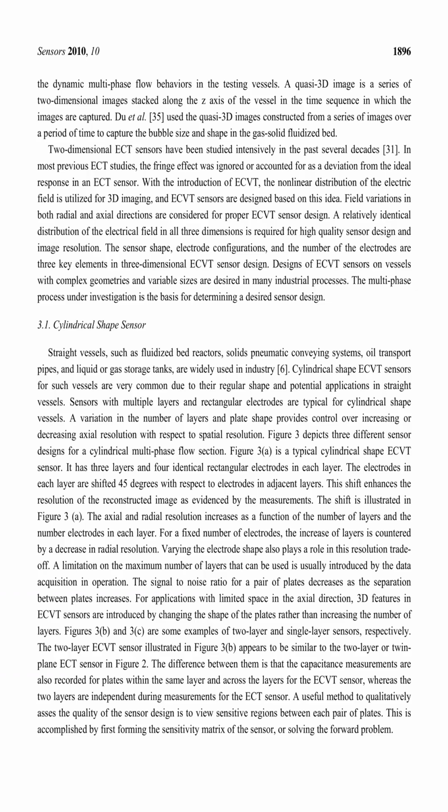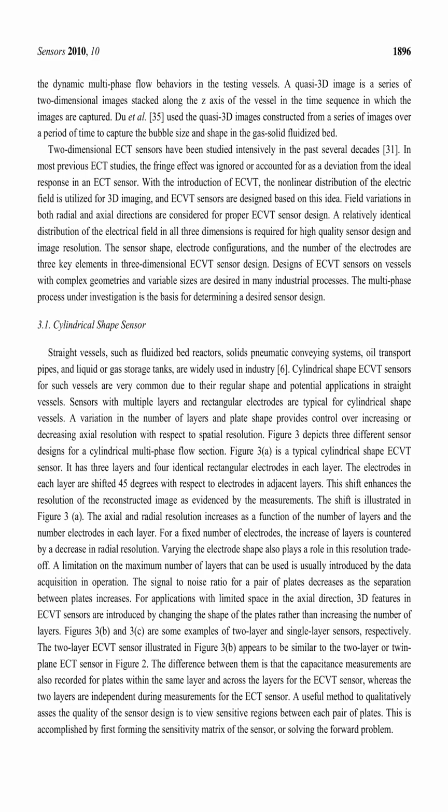A quasi-3D image is a series of 2-dimensional images stacked along the z-axis of the vessel in the time sequence in which the images are captured. Du et al. use the quasi-3D images constructed from a series of images over a period of time to capture the bubble size and shape in the gas-solid fluidized bed.